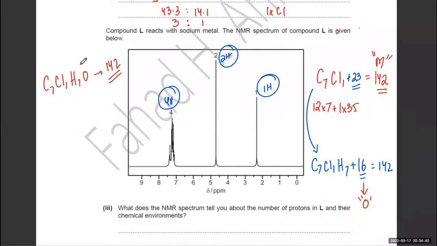So now the tough part. Remember, there are 3 chemical environments, so the hydrogen protons are going to be distributed in 3 chemical environments. The first hint you should have: when do you have a very low ratio of carbon and hydrogen?